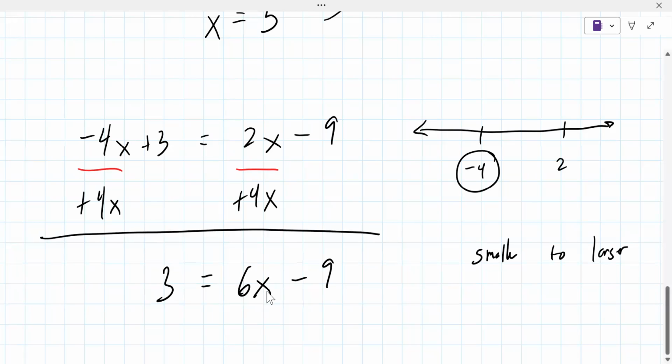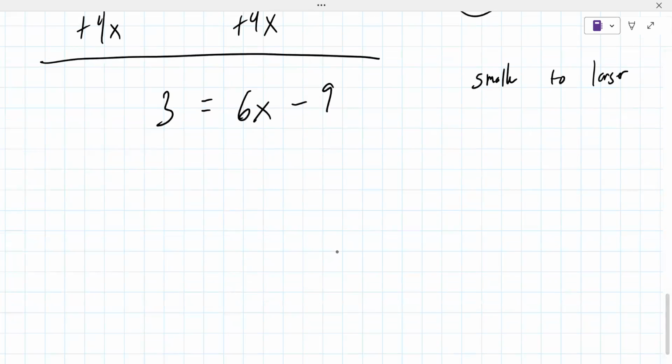Okay. So now what do you do to solve for x? How do you undo this subtraction by 9? Add 9 to both sides.